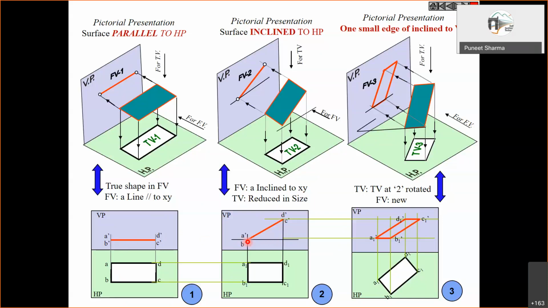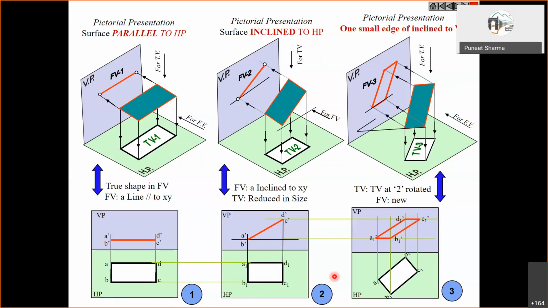This point remains wherever it was. So what will happen? This edge here will still be parallel to the horizontal plane and will still give us the true length, right? This edge only will give us the true length, but these two are now reduced in length, and therefore an overall reduced shape of the top view is obtained.